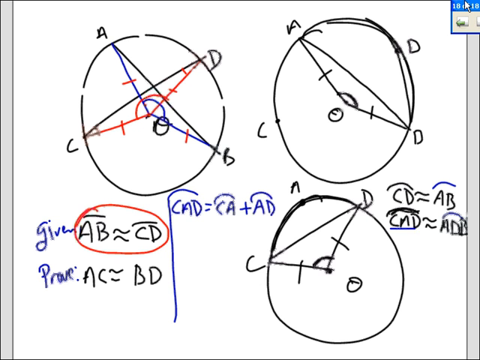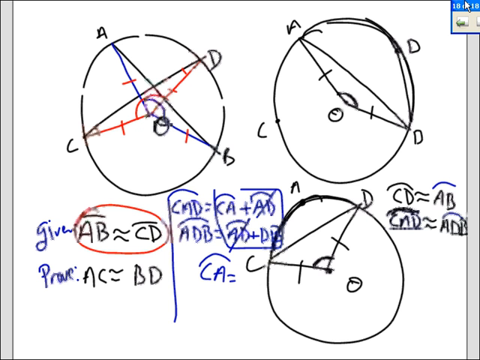ABD, or ADB, is AD plus DB. But these two are equal. And if I take away AD from both sides, what remains, CA and DB, they're equal. And I'm hoping that's what it says here, and it does.